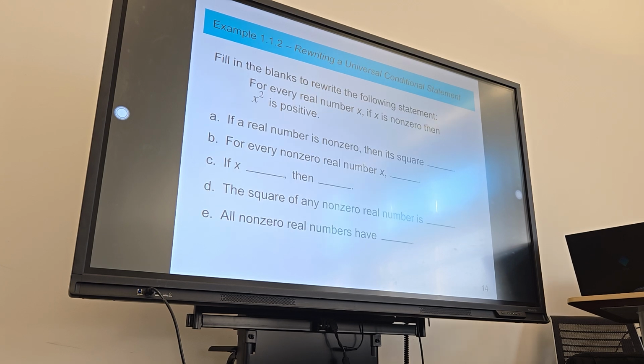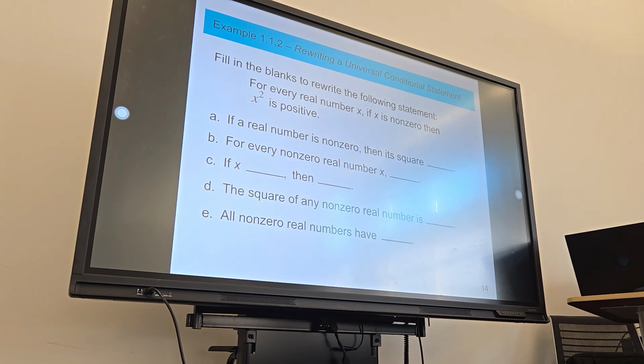So, examples. Fill in the blanks to rewrite the following statement. For every real number x, if x is non-zero, then x squared is positive. If a real number is non-zero, then its square is positive.